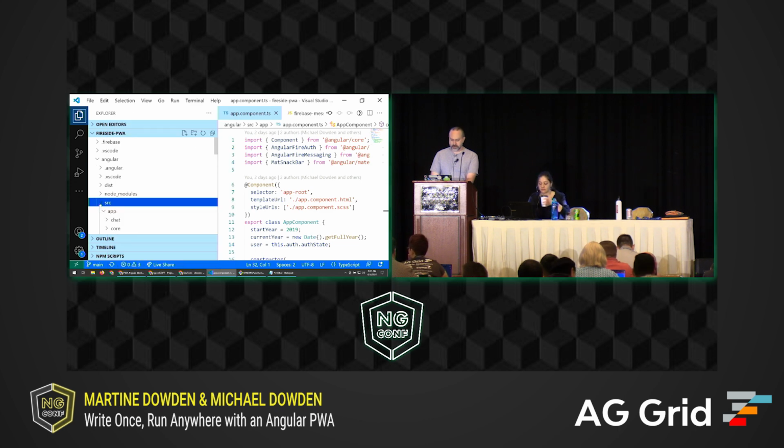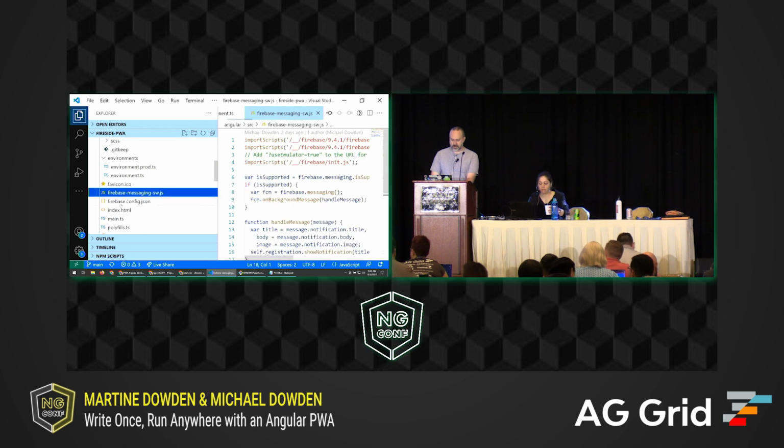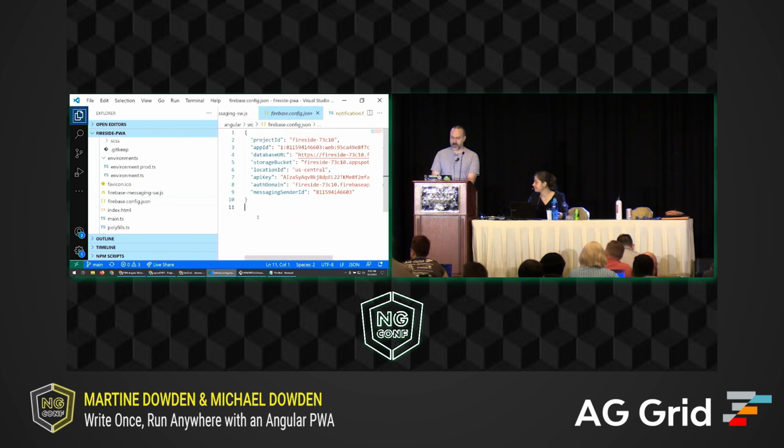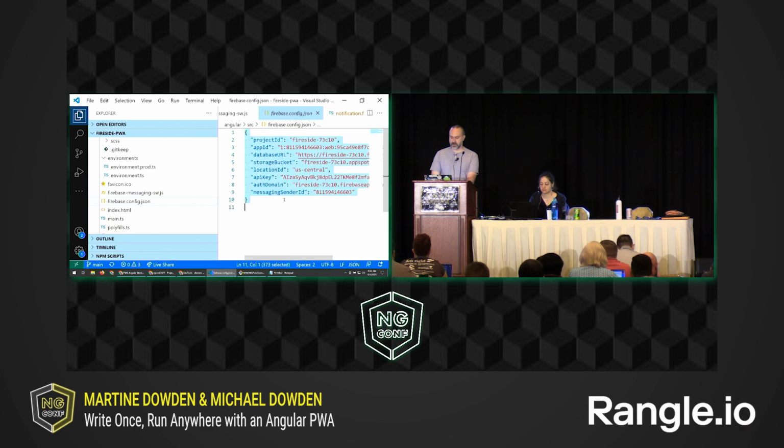I already have the file here. It's firebase.config.json. And this is what it should look like when you're done. You will paste your configuration in here, and then you will remove this part so that it looks like that.